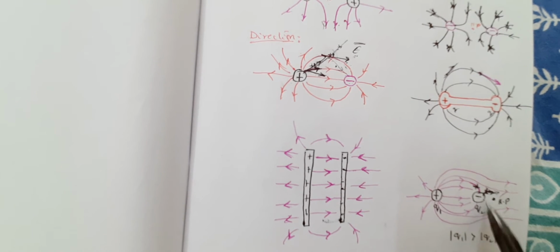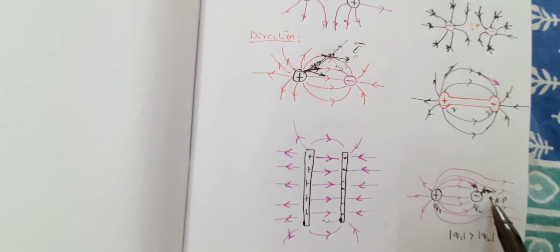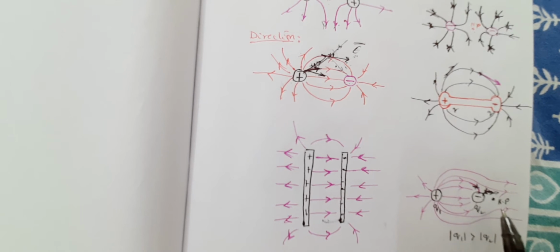So in this particular area we will get the null point. Null point means the point where the directions are opposite to each other, or where the electric field strength is 0.